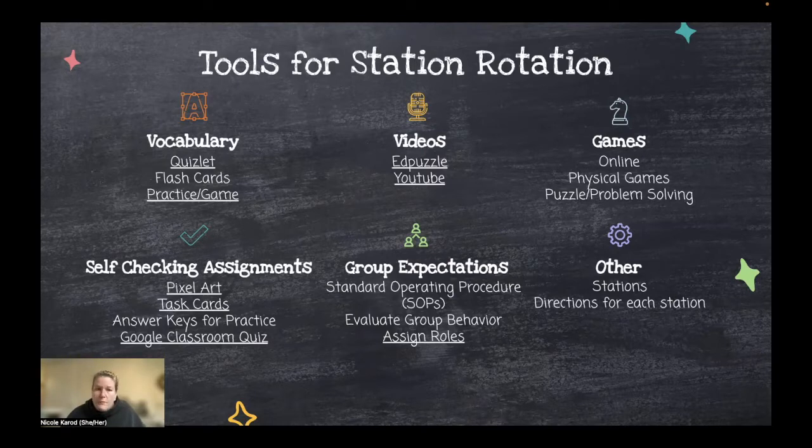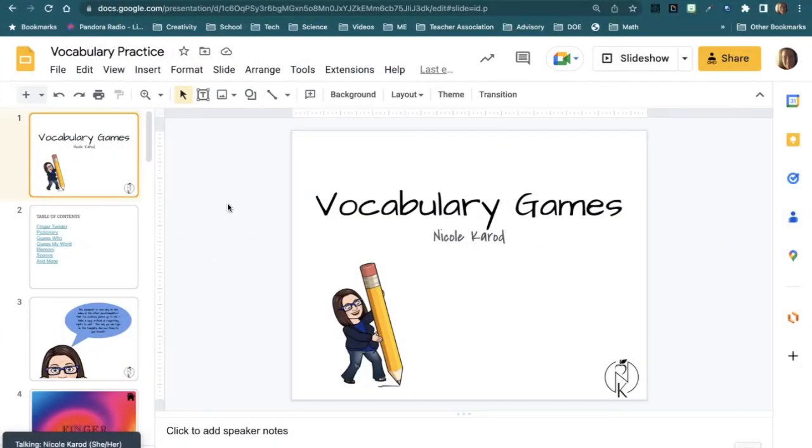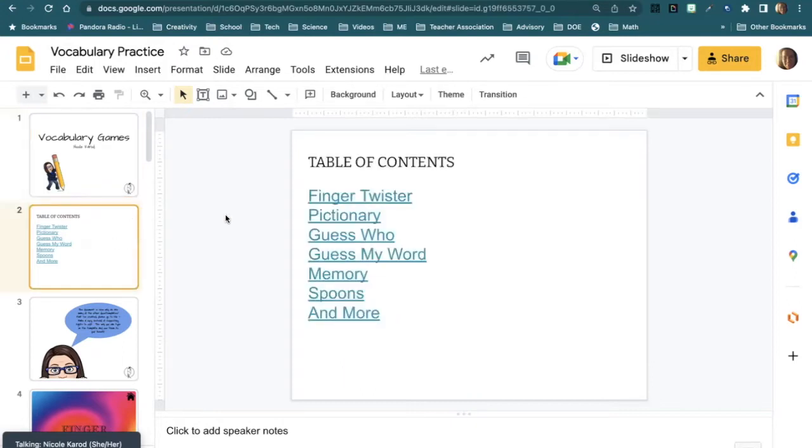I use real live flashcards where students have either made their own, or maybe I have something that's printed out in order for them to cut up and then use. And then there's a lot of practices and games that you can do with this. I've given you a slide deck for vocabulary games. There's things like finger twister, guess who, spoons, and on the last slide, there's even more.